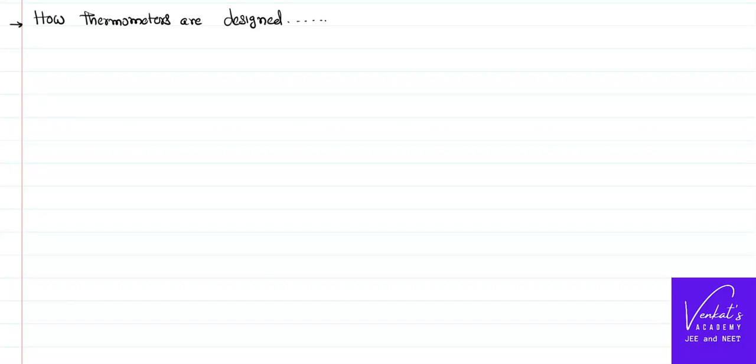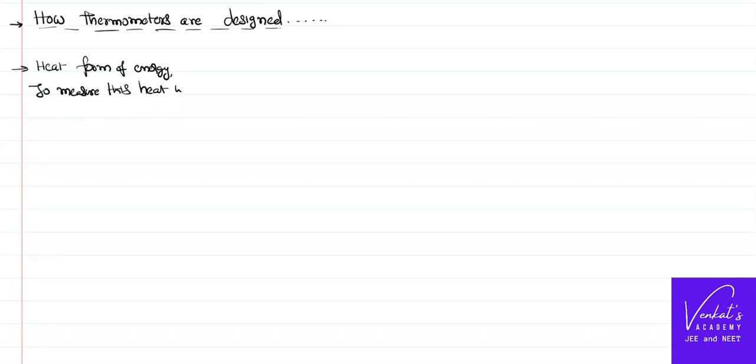Hello everyone, in this video we are talking about how a thermometer works, how it is designed. We know heat is a concept of energy, a format of energy, and to measure the hotness or coldness of a body, we use temperature.